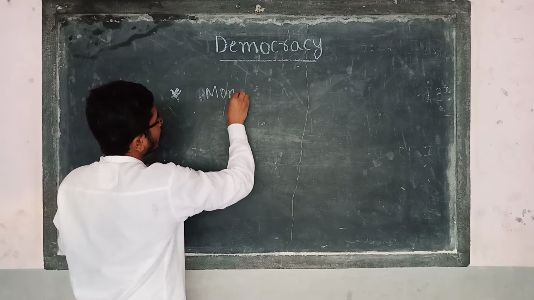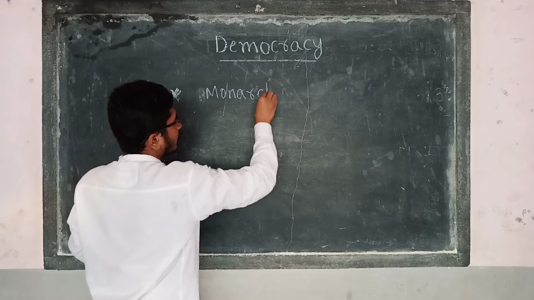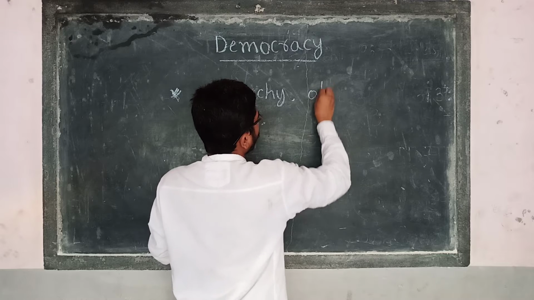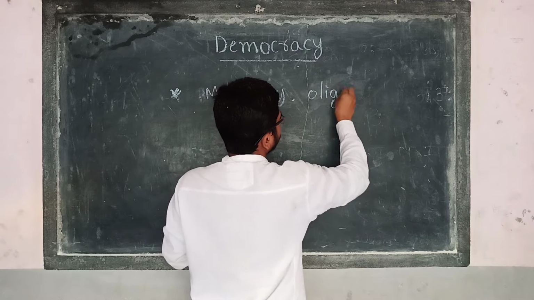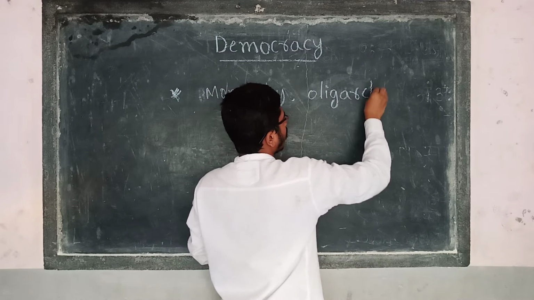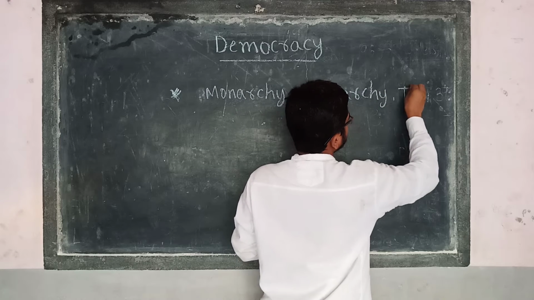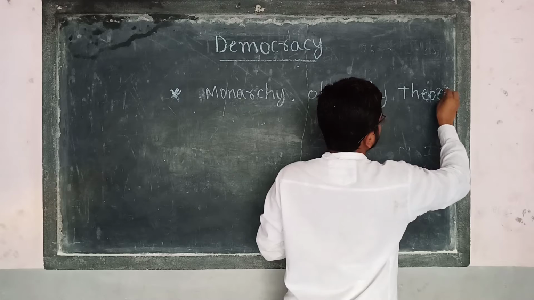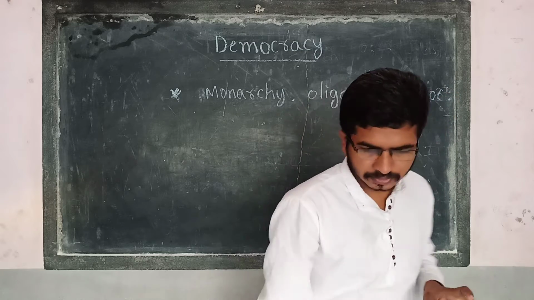Monarchy, we have learnt about the monarchy briefly, right? Monarchy, oligarchy, theocracy, dictatorship. We will take space for this.